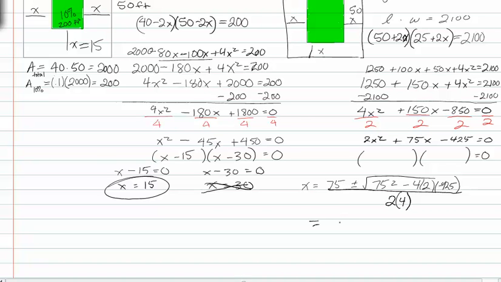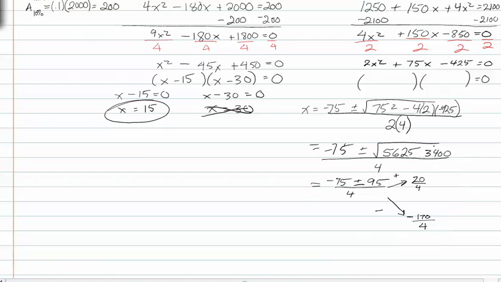This is equal to negative 75 plus or minus the square root of 5,625 plus 3,400, all over 4, which equals negative 75 plus or minus 95 over 4. The positive solution would be 20 over 4, which is 5, and you can't have a negative solution. This is my new answer.